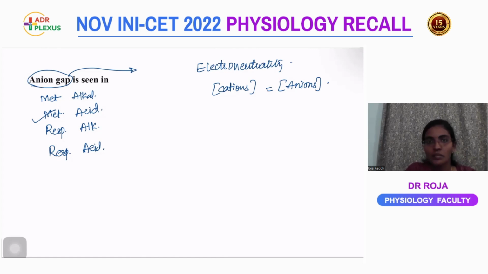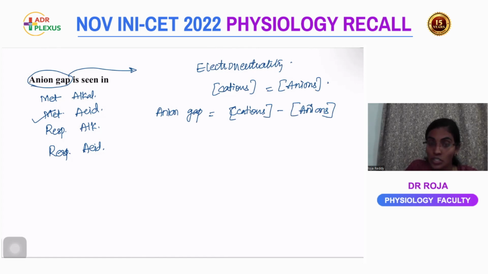That is nothing but your anion gap. So this anion gap is nothing but the concentration of the cations minus the concentration of the anions. It is arising due to the presence of such ions which are not measurable.